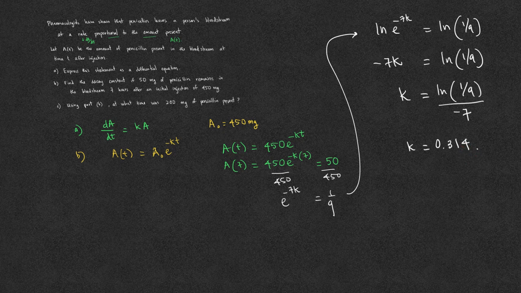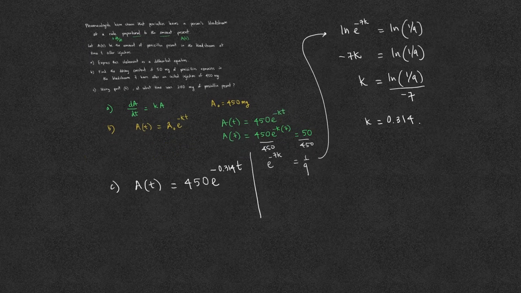This k is the decay constant in the formula, and so we update the equation. The equation is now A of t equals 450 e to the negative 0.314 t, where t is the variable of the function.